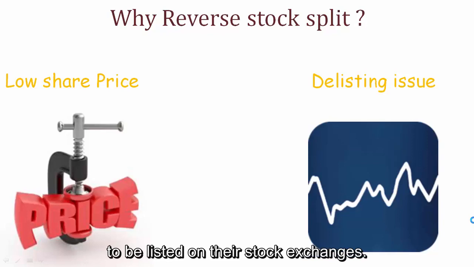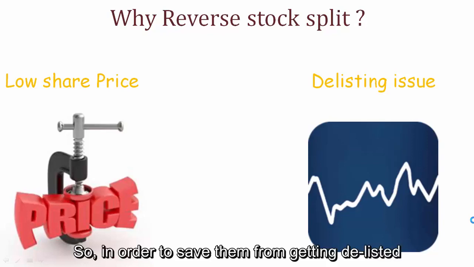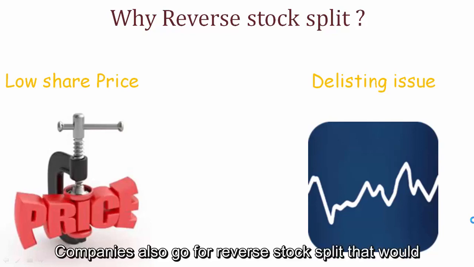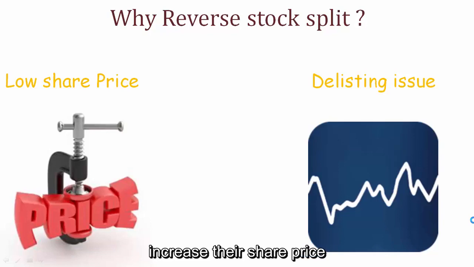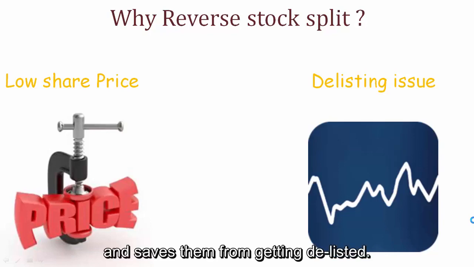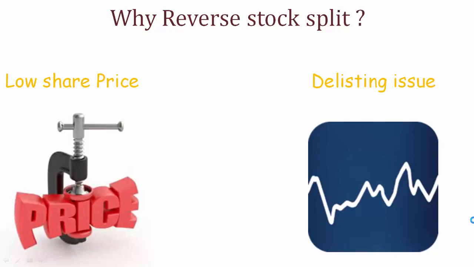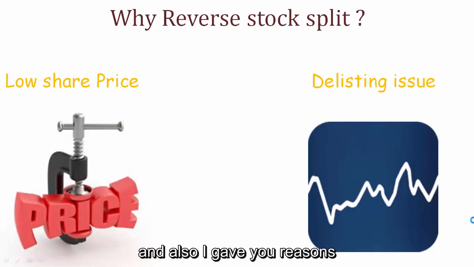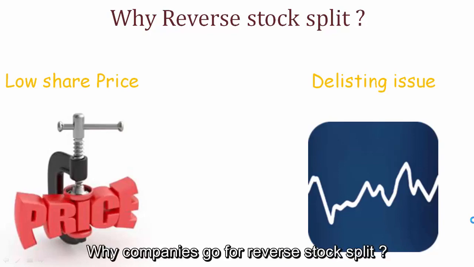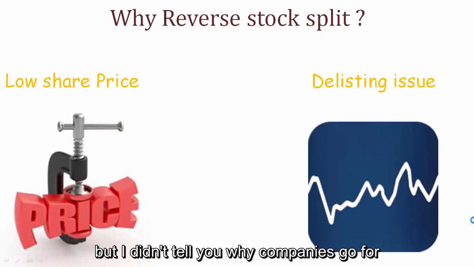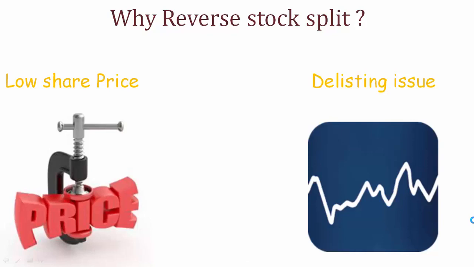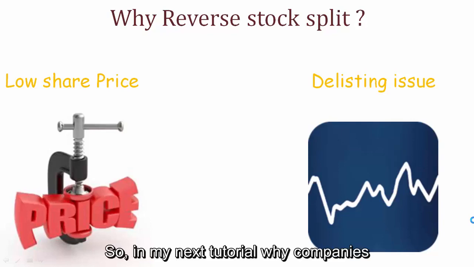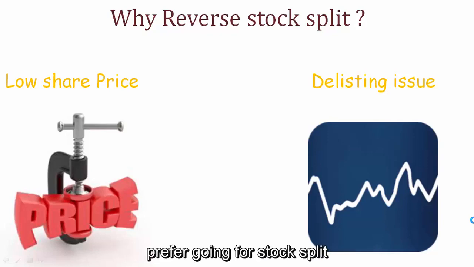So in order to save themselves from getting delisted, companies also go for a reverse stock split that would increase their share price. That's another reason. So I told you a bit about stock split and reverse stock split, and also gave you reasons why companies go for a reverse stock split. But I didn't tell you why companies go for a stock split. So in my next tutorial, I'm going to tell you why companies prefer going for a stock split.